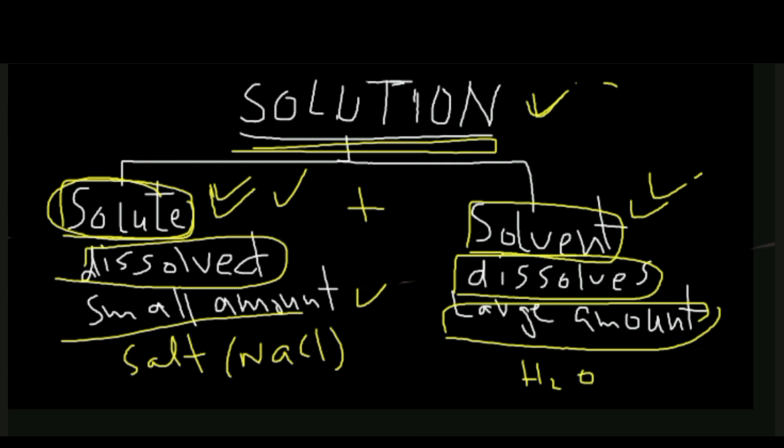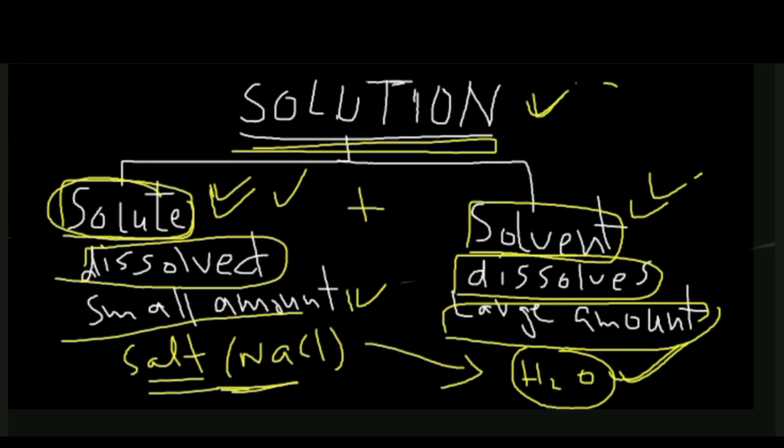If we add the solute, sodium chloride salt, into the water, the sodium chloride will be dissolved by the water. So the water is the solvent, and the sodium chloride is the solute. By the combination of sodium chloride and water, we can get a solution.